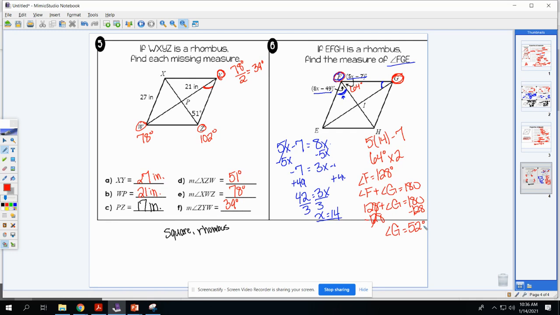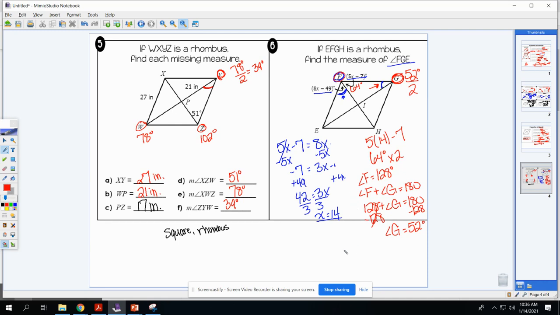But we're not looking for just angle G. We're not looking for that whole angle. We are looking for the partial angle FGE, which is this red arrow I'm pointing to, where we got that blue loop mark on it. If we know that the full angle was 52 degrees, and this angle was bisected by our diagonal, that tells us that this partial angle is going to be the full angle divided by 2.